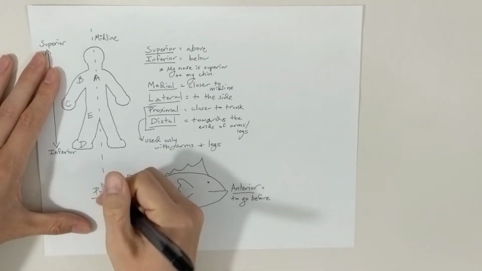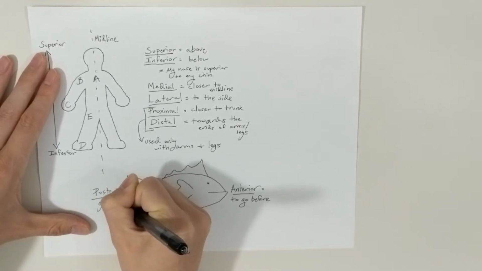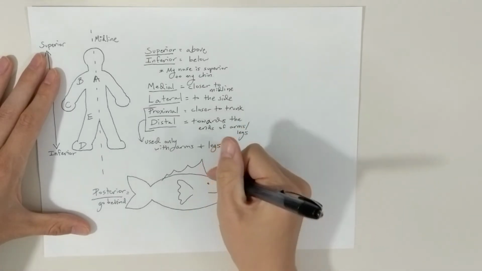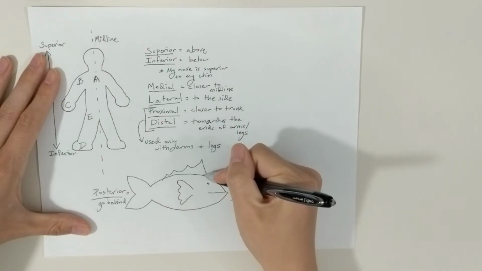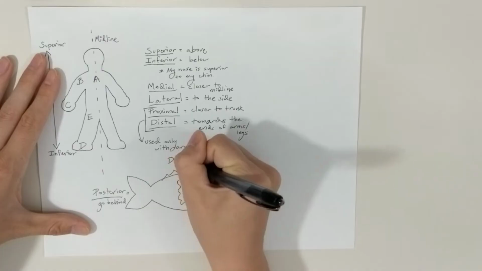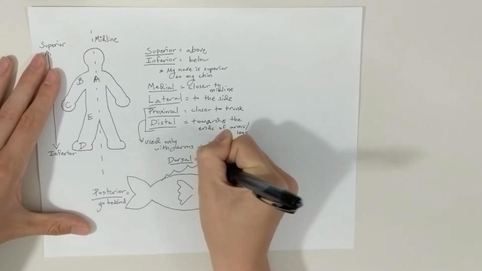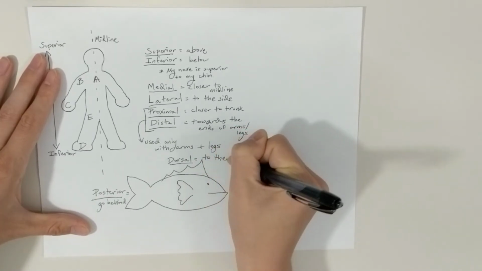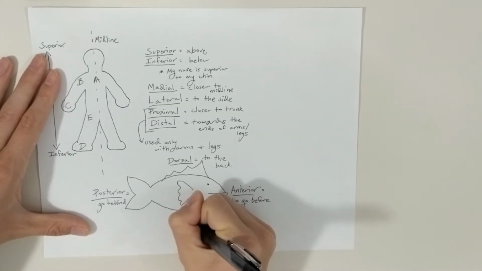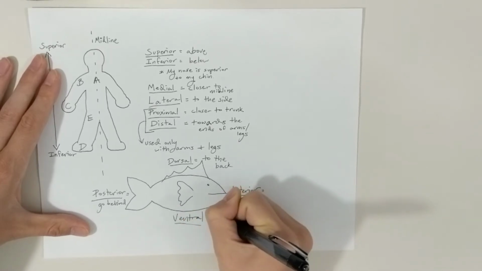And that means to go behind. And then the belly, well, let's do the back first. Dolphins have this kind of fin. Sharks have this kind of fin. Dorsal fin, or dorsal in general. It means to the back. Okay, the belly, ventral. To the front.